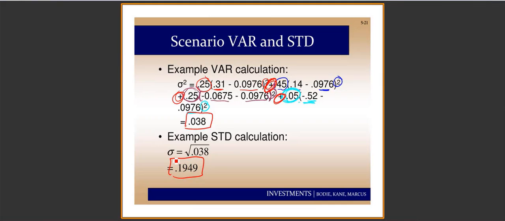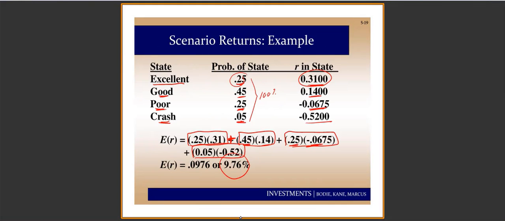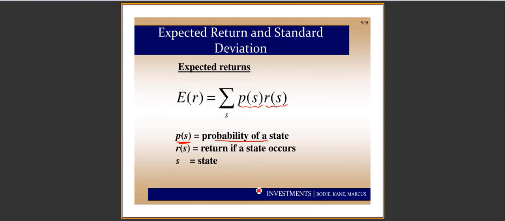So I'm going to go back a few slides so I can point something out here. Here we go. And this is our expected return and standard deviation. All right? We're expecting it. We're forecasting. That's another name. Forecasted returns. Forecasted standard deviation.